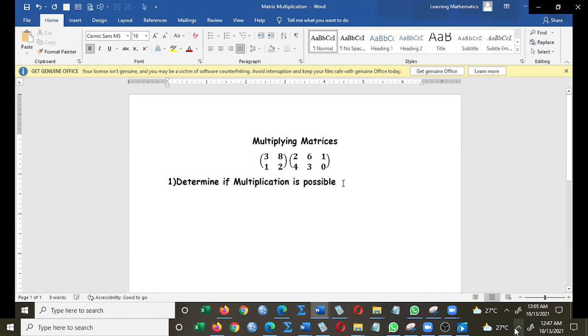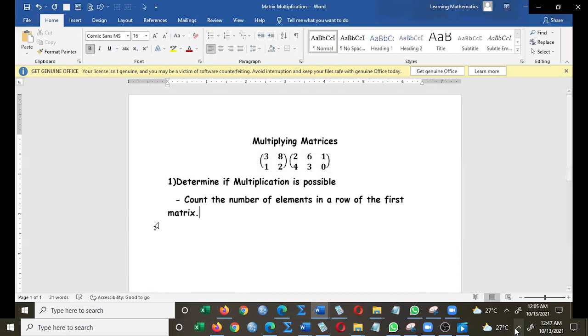So to do that, you can count the number of elements in a row of the first matrix, matrix 1.